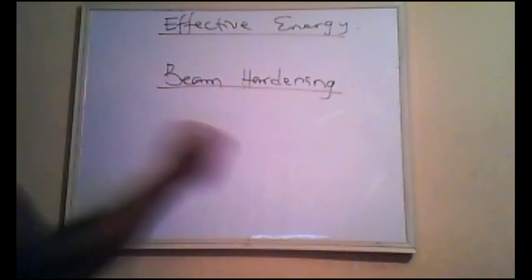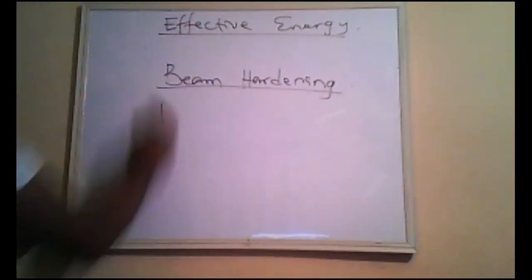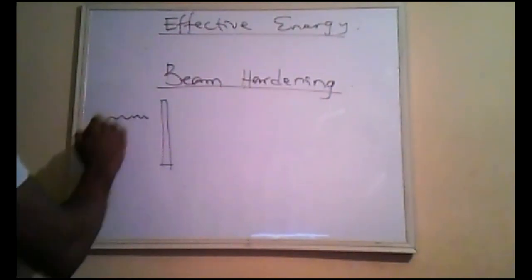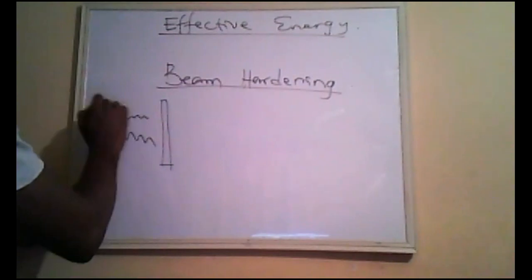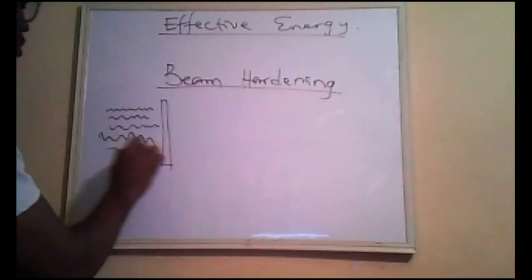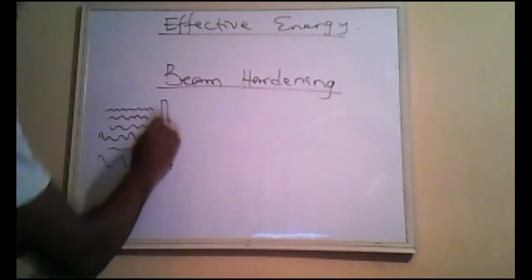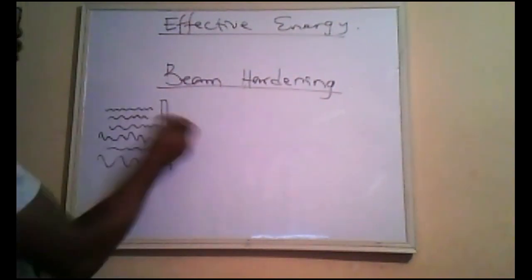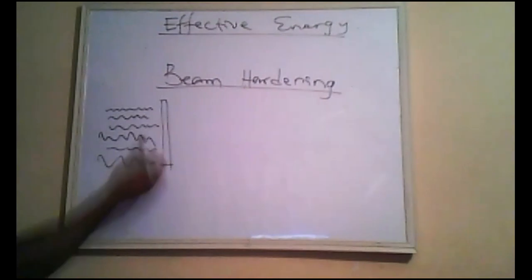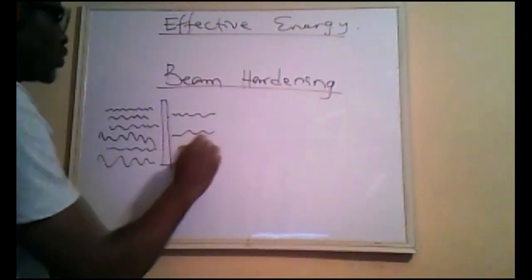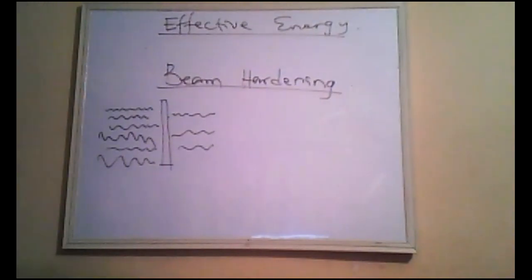In fact, if you have a particular beam with so many energies of X-ray, you have one very energetic, and you introduce a particular thickness of material, a particular attenuator. It's going to remove the less energetic ones and allow the more energetic to pass through. In a sense, you have actually hardened this beam.